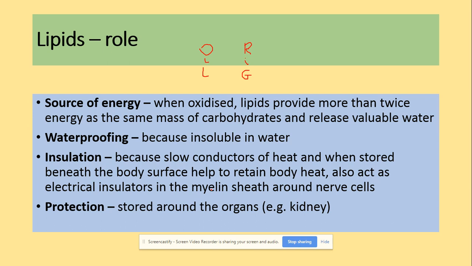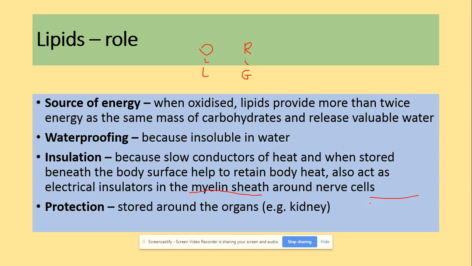They provide insulation because they are slow conductors of heat, and when they are stored beneath the body surface, they help to retain body heat. They also act as electrical insulators, for example in the myelin sheaths around nerve cells.